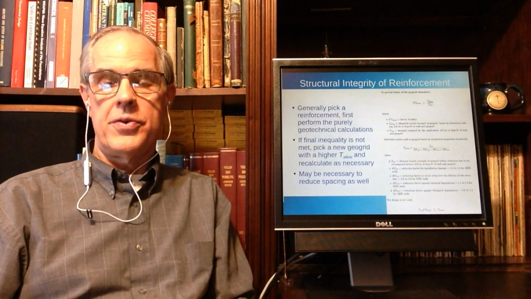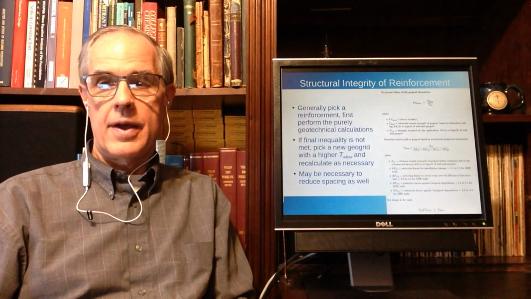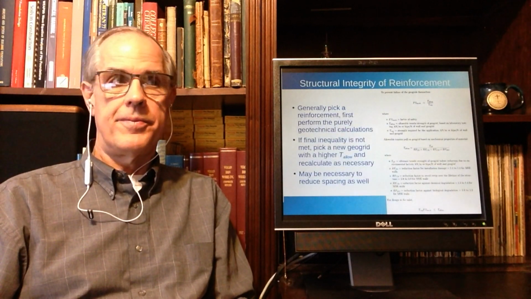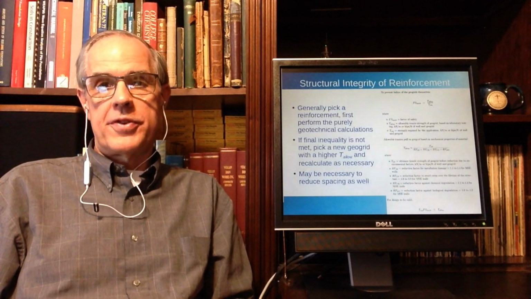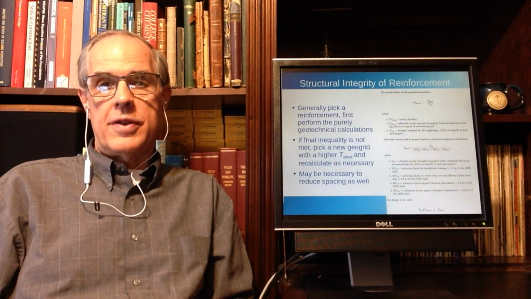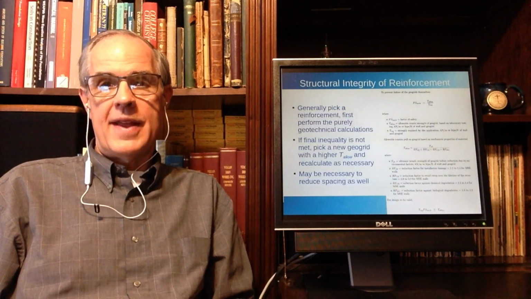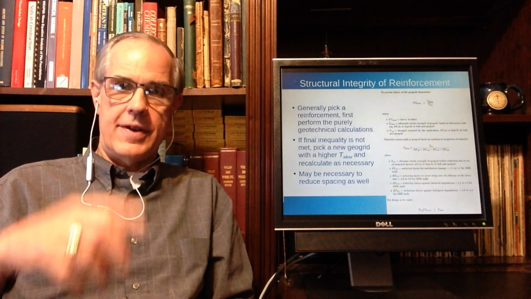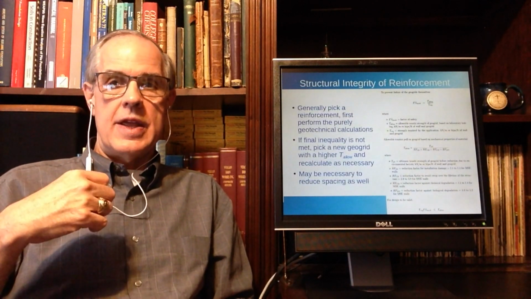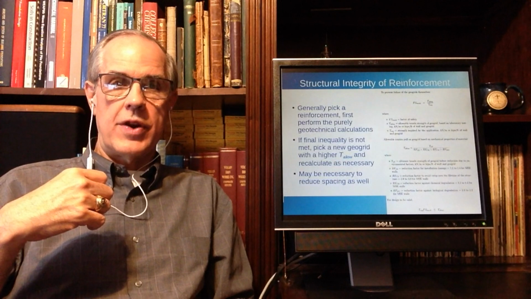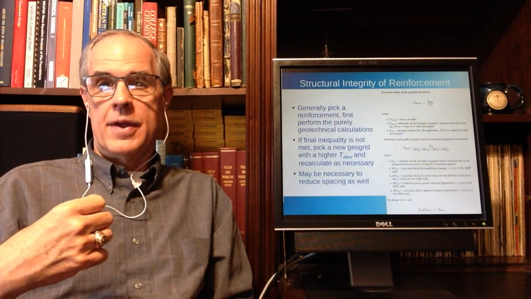What you do as far as structural integrity is to lay out a reinforcement scheme and then pick a geogrid that will not pull apart. That's the easiest way to do it. If it does pull apart, you've got two options: one is to increase the strength of the geogrid, and the other is to reduce the spacing.